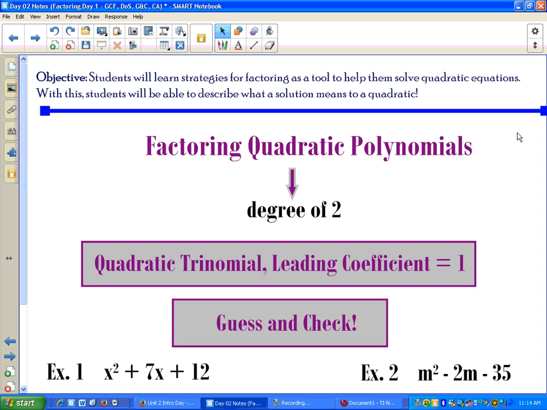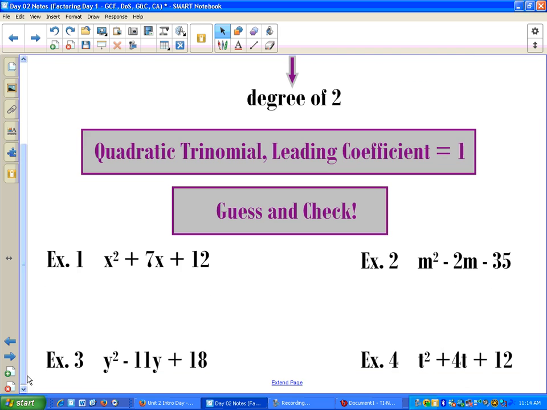Factoring quadratic polynomials. Quadratic means it's degree 2. It has an x squared or a y squared or a k squared in it. Factoring a second degree polynomial, there are different methods. The first method, the quadratic trinomial, has a leading coefficient of 1. Now we have guess and check. Do we really want to guess and check here?